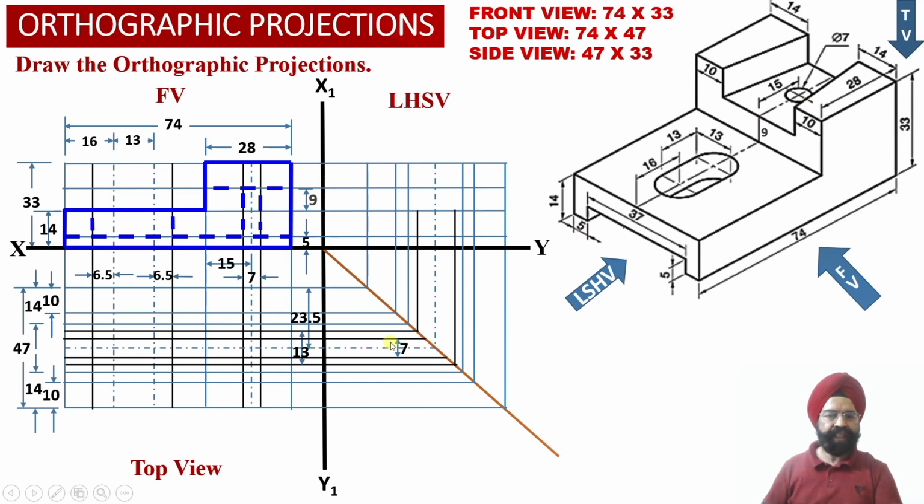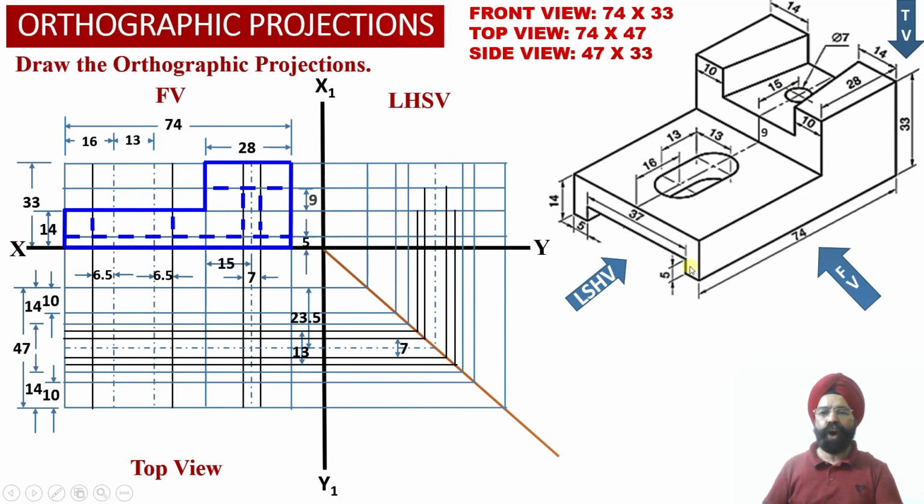And we can check these two interior black projector lines we have been able to obtain, which are separated by a distance of 7 millimeter, and they are at an offset of 3.5 millimeter toward the rear surface and 3.5 millimeter toward the front surface of the solid from the center line which we have already obtained. And these two black projector lines have been appropriately transferred into the left hand side view projections up to this height, 23 millimeter from the ground, that is at the top surface of this angular slot.